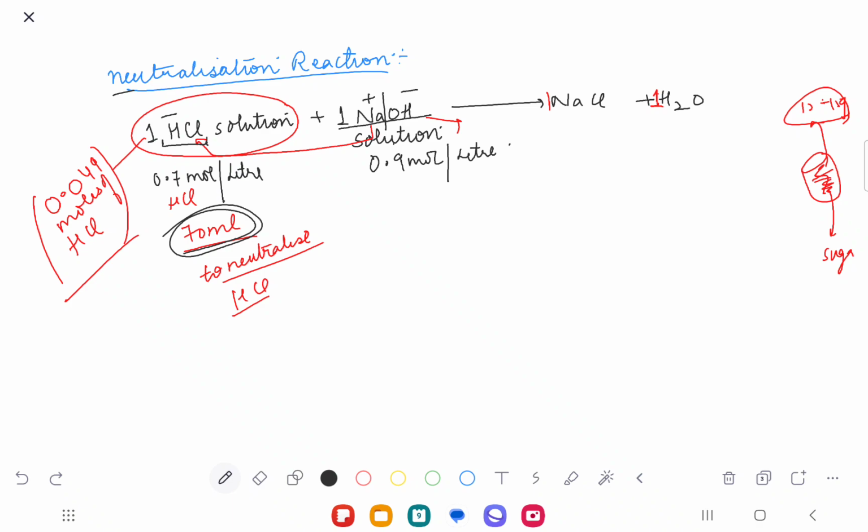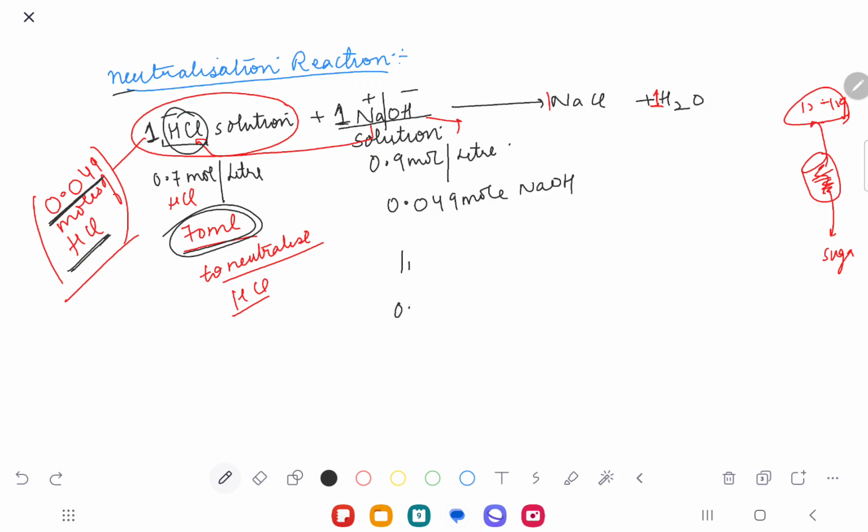It means that, ma'am, I need 0.049. If 1 mole of HCl needs 1 mole of NaOH, thereby 0.049 moles of HCl would require 0.049 moles of NaOH. That's what my ratio is telling me. You understand?